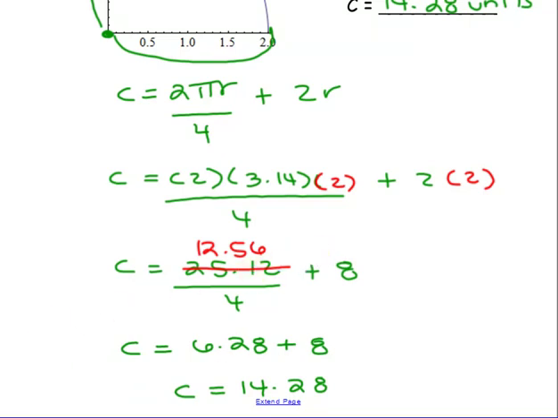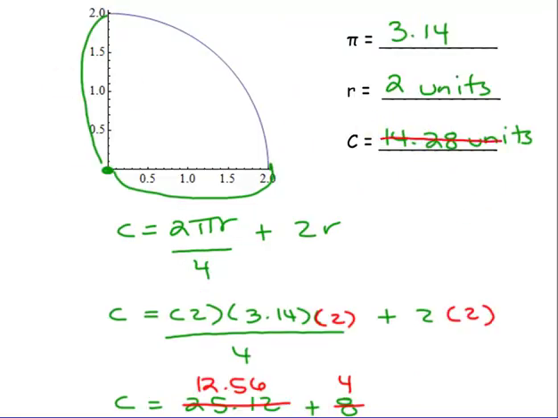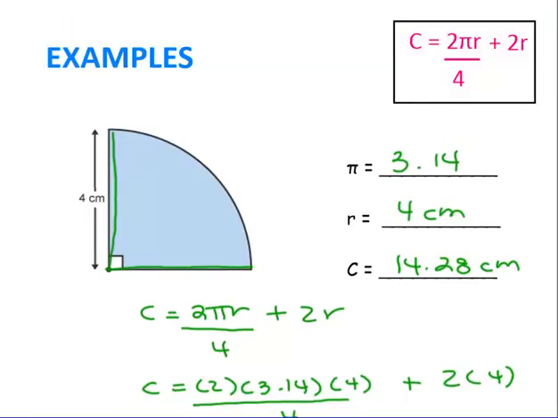And then 12.56 divided by 4 is 3.14. Now I also need to fix this. This is plus 4, and that's plus 4. So 3.14 plus 4 is going to give us a circumference of 7.14. So the answer is actually 7.14 units. I realized that when the next answer was exactly like that one, but I knew it had a different radius. So make sure you make that change.